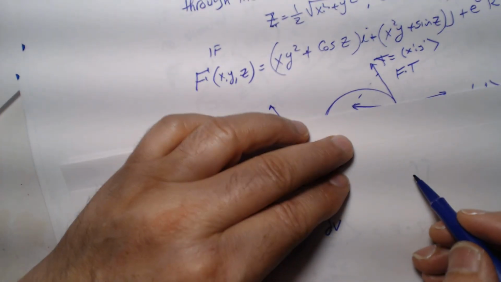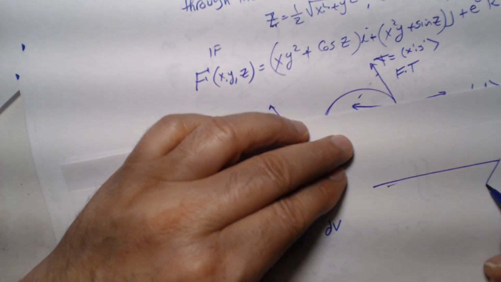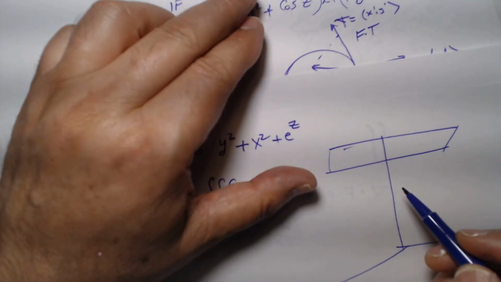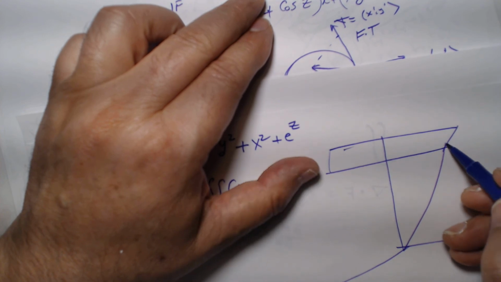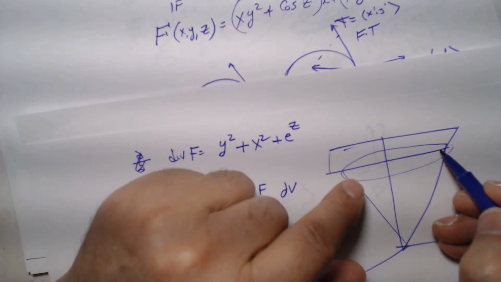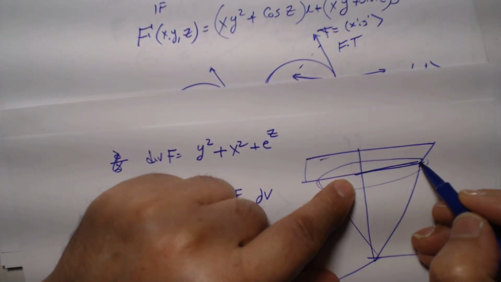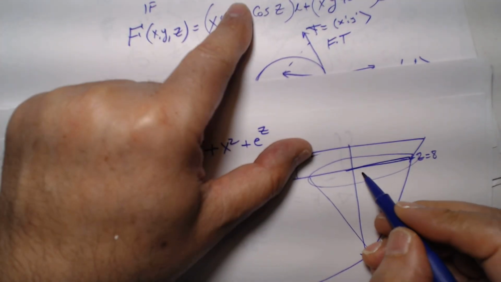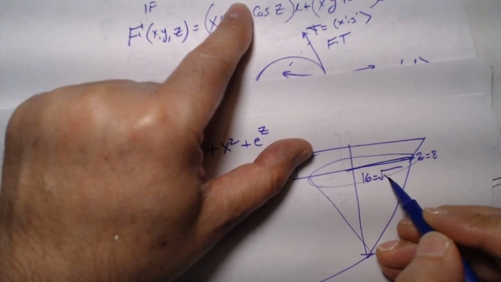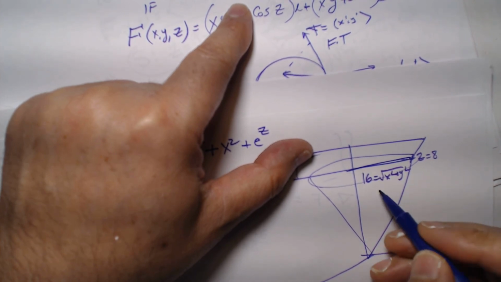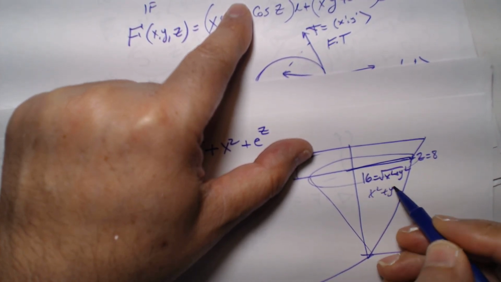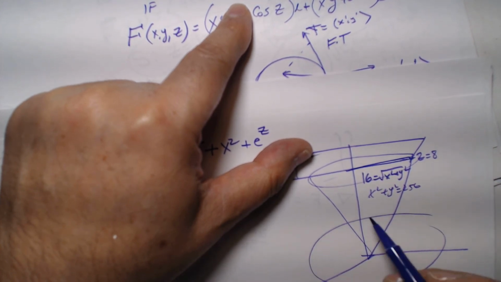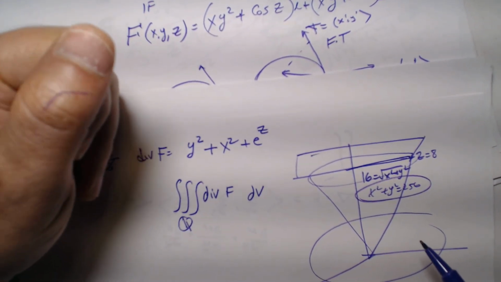Therefore, this is nothing except a plane at z equal to 8, and then you have a cone, and since your z is 8, in here you have 16 equal to the square root of x squared plus y squared, and x squared plus y squared equal to 256. Therefore, the projection of it is going to be that circle.